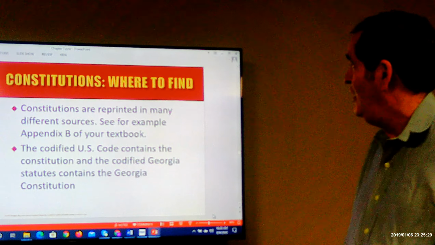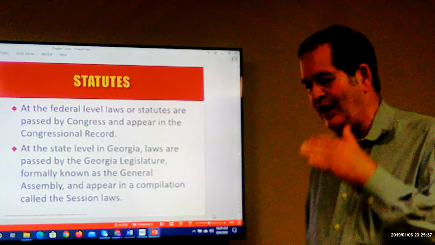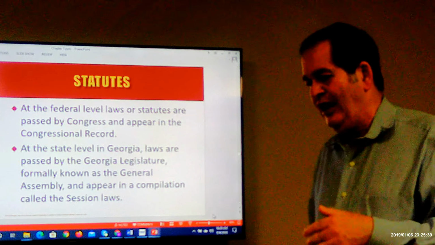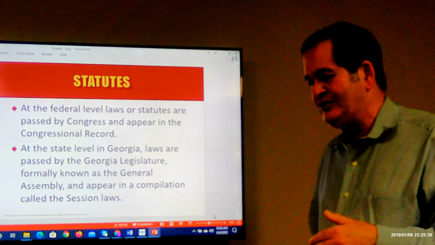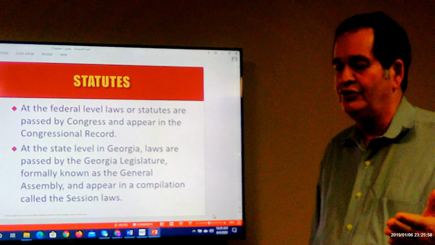All right, statutes. As I said, when Congress or a legislature passes a law, it's in a form that is very comprehensive and, for practical purposes in the law, not very useful. I'm not going to go through the whole process by which it's published, etc. It's in your book, but the bottom line is it's not very useful.